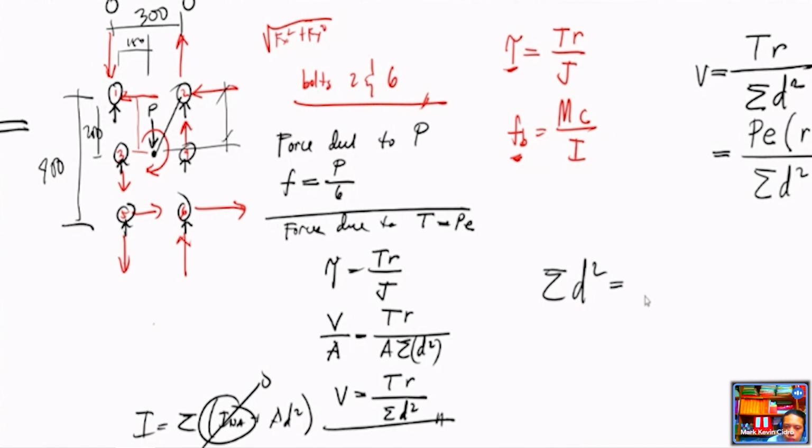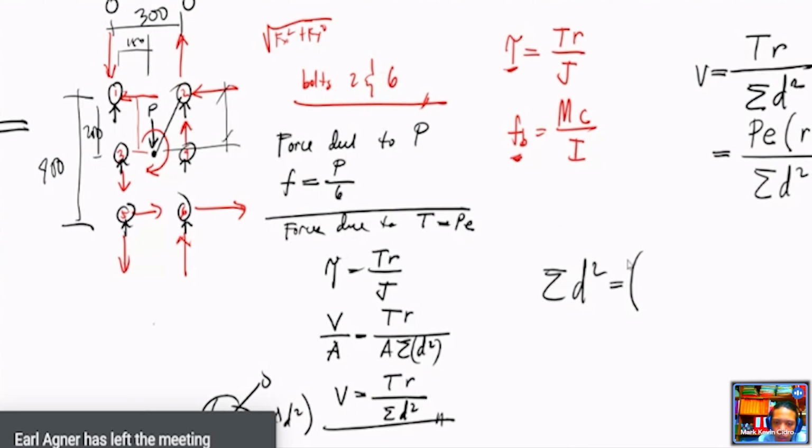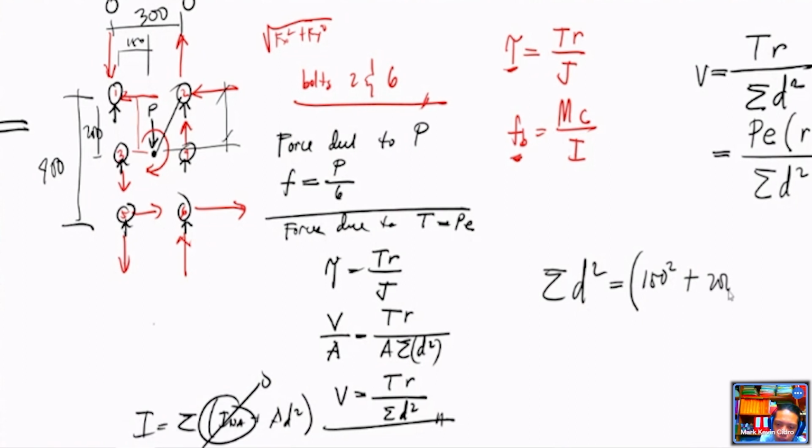So your summation of d squared, for bolt 1: the x distance from the centroid is 150 squared plus y squared is 200 squared. Plus bolt 2: the x distance is 150 again, squared, plus 200 squared.